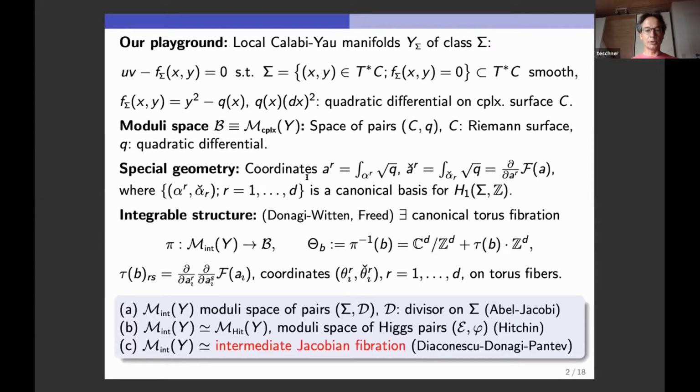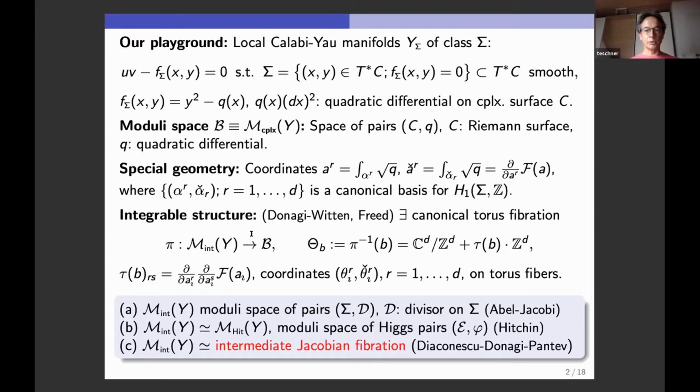Quite important is in particular the special geometry, which is familiar from Seiberg-Witten theory, where we can take the periods of the square root of the quadratic differential, which would be called the Seiberg-Witten differential, as coordinates, and there is a relation between these coordinates allowing us to introduce the prepotential as the potential, giving us the conjugate or dual set of periods when we start with the periods over a basis for the first homology of this curve sigma. A canonical basis which has a polarization built in.